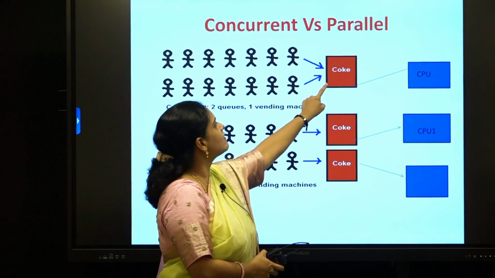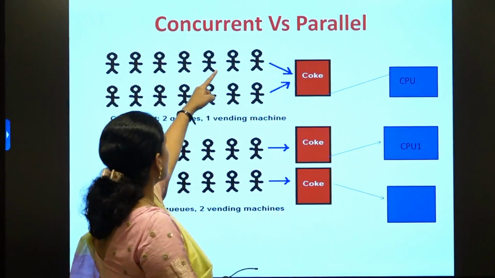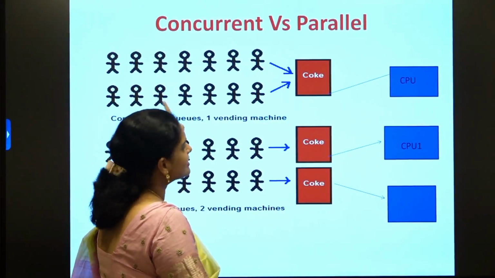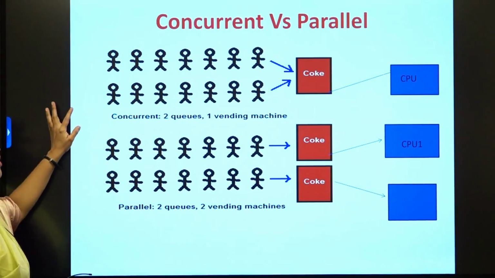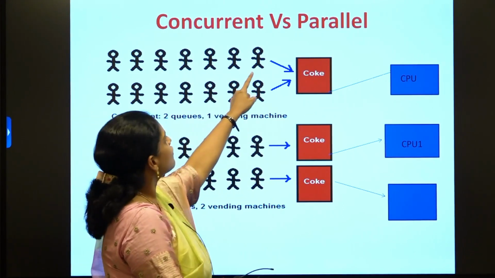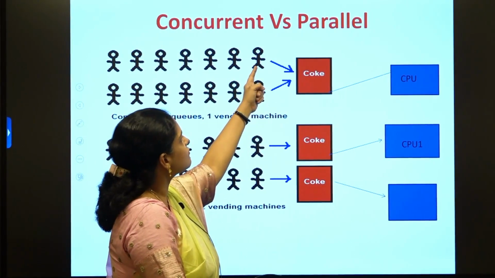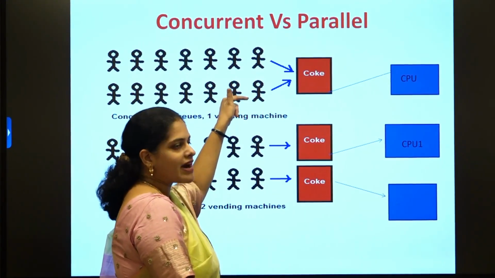It can give only a Coke bottle to one customer at a time. Even though you have multiple queues available, the service can be provided by the dispenser only one at a time. So this is called concurrent processing. Here one CPU can provide service to one customer at a time, even though there are multiple instructions or multiple queues available.